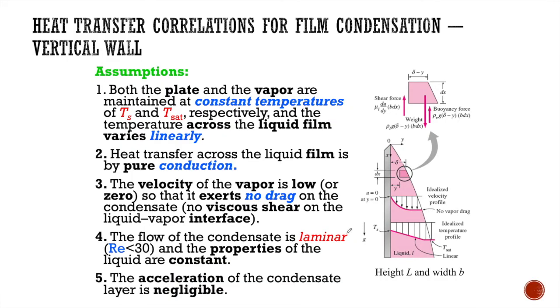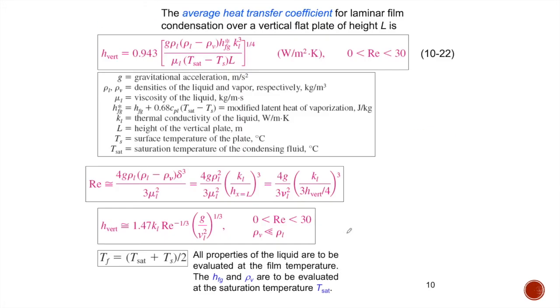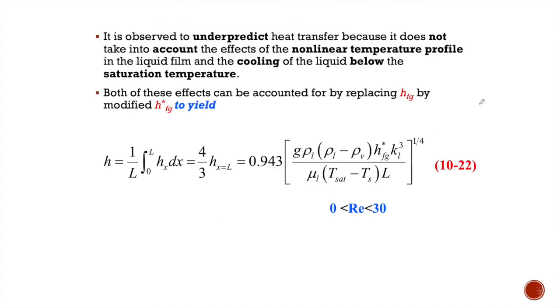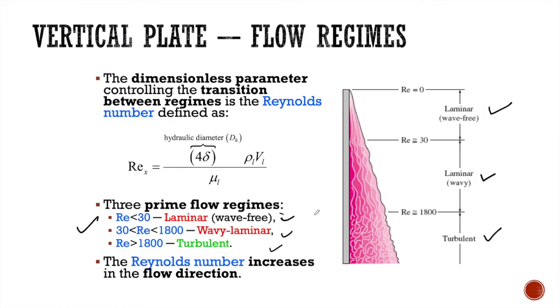Now these are the assumptions for film condensation on the vertical wall. Okay, I will change to this equation. So this equation is for laminar wave-free, the first regime of the flow, which falls at Re from 0 to 30.